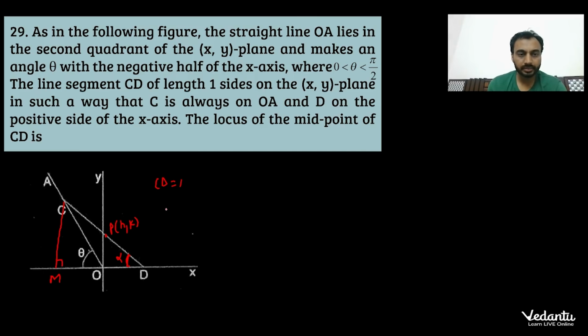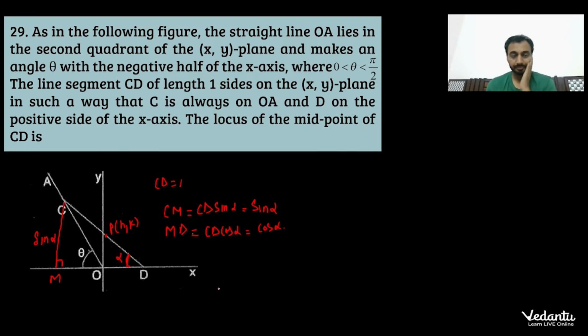So we can say CM is equal to CD sine alpha. As CD is 1, CM becomes sine alpha. And MD becomes CD cos alpha, which is cos alpha.